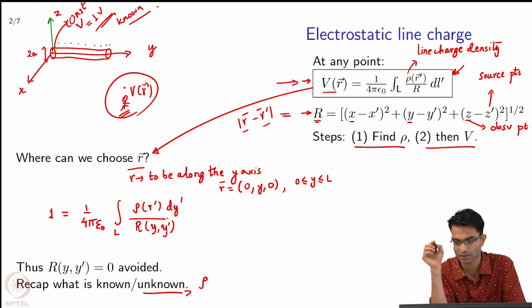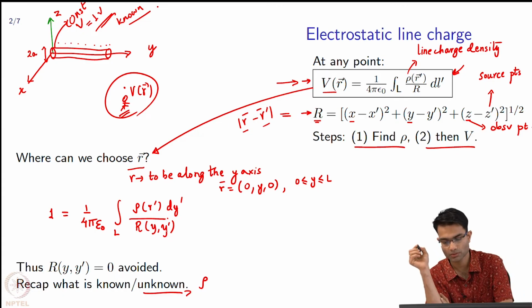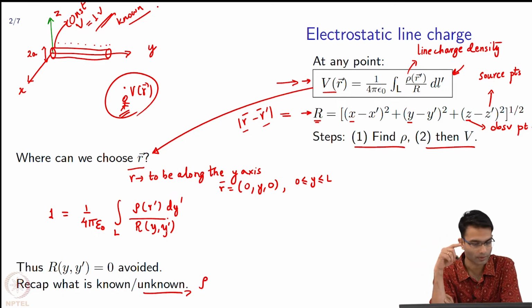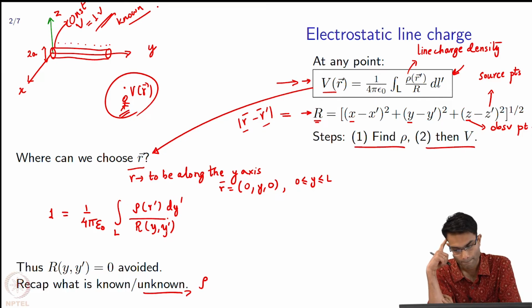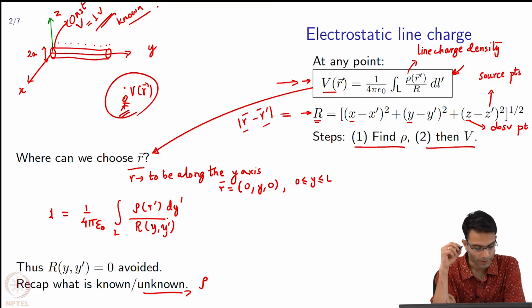All others, I mean x and y are 0, x prime and z prime we can ignore for now. So it is a function of these two variables.